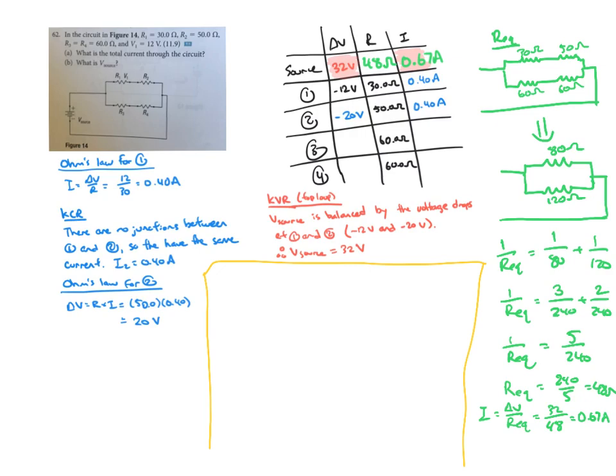Okay, looking at KVL again, this time for the bottom loop. Here's a new concept. The 32 volt gain at the battery needs to be balanced by 2 voltage drops at loads 3 and 4 for the bottom loop.